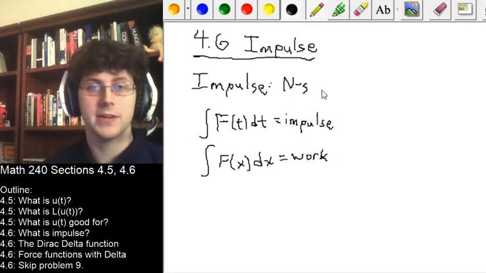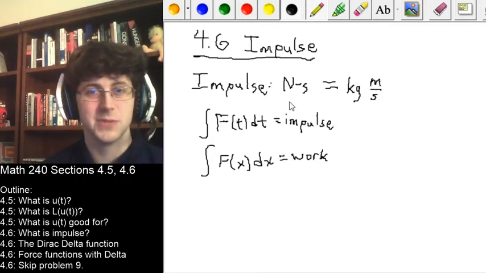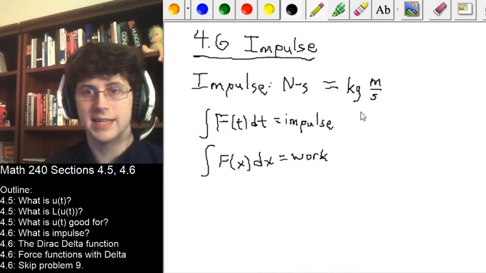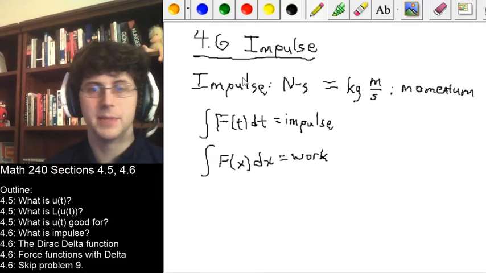Okay, the weird thing about Newton seconds is that the units are exactly equal to kilograms times meters per second. The seconds cancel one of the seconds that are inside of newtons. And kilograms meters per second is mass times velocity, which is momentum. Now, momentum and impulse are not the same thing.